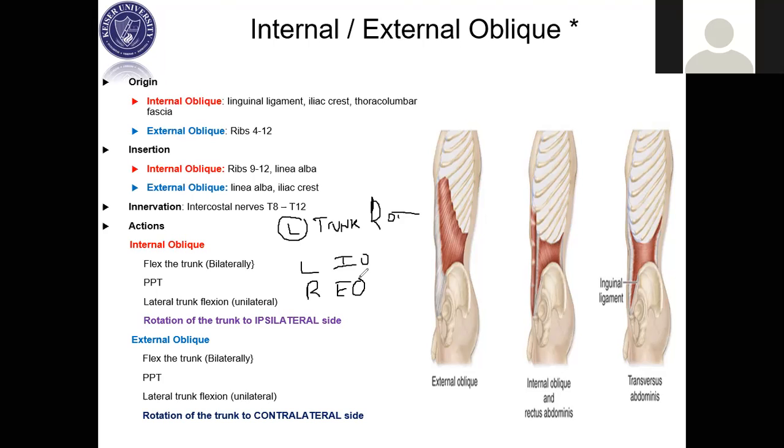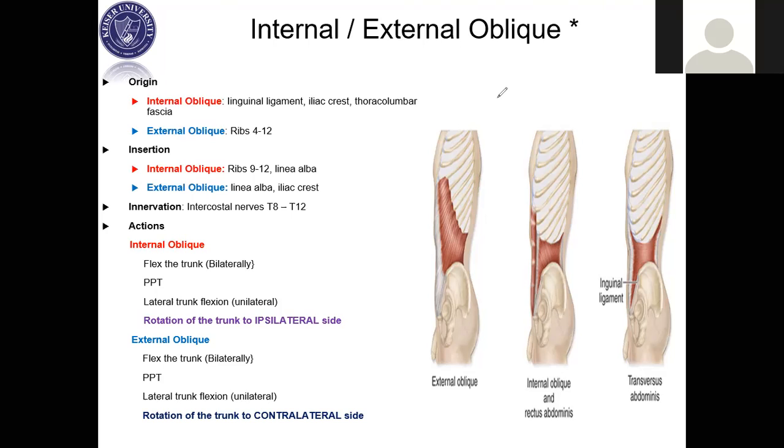So again, the information that I need you to know for the internal and external obliques is, first of all, the external oblique looks like you're putting your hand in your pocket. It's at a diagonal, like you're putting your hand in your pocket. The internal oblique is the opposite direction. And you need to know that they both flex the trunk and they both laterally flex the trunk.